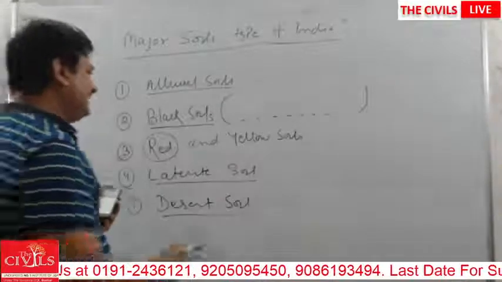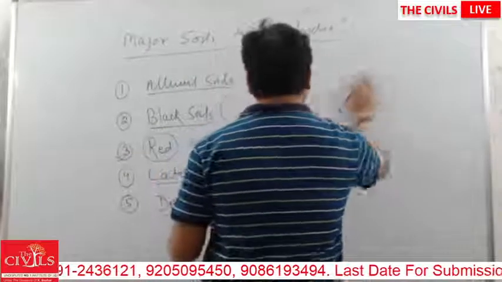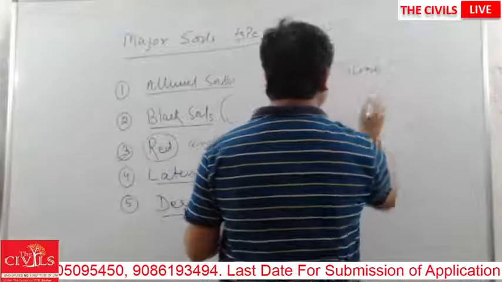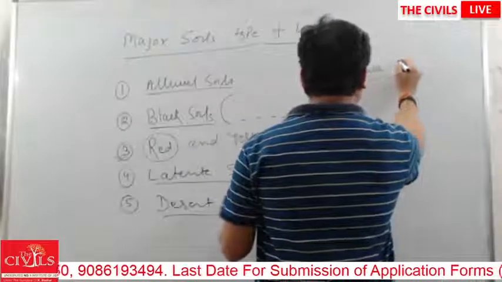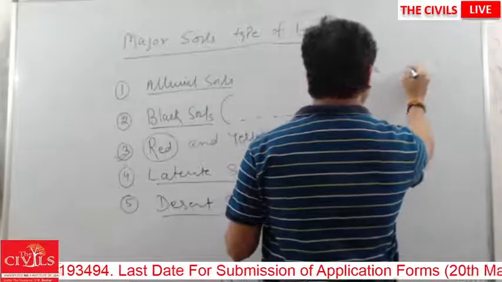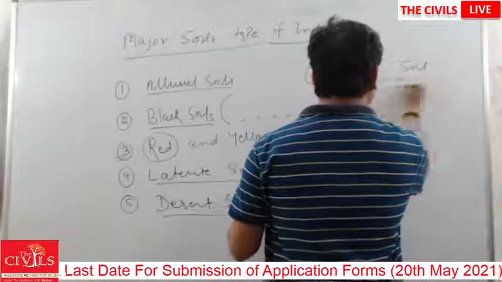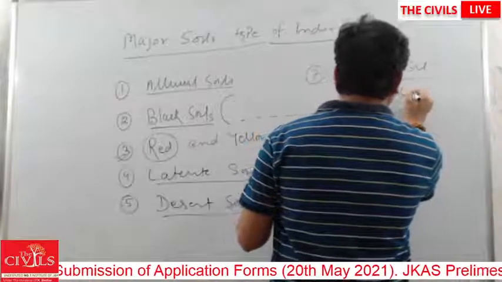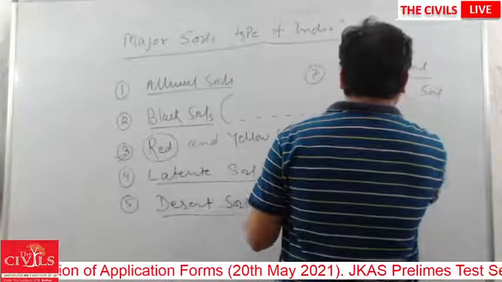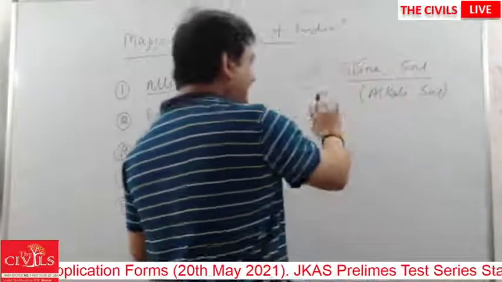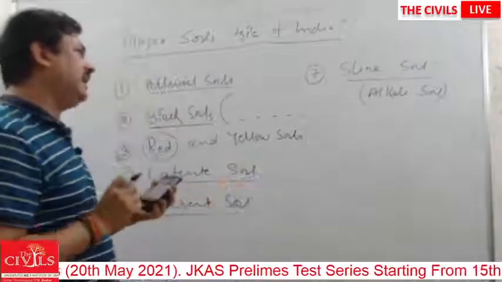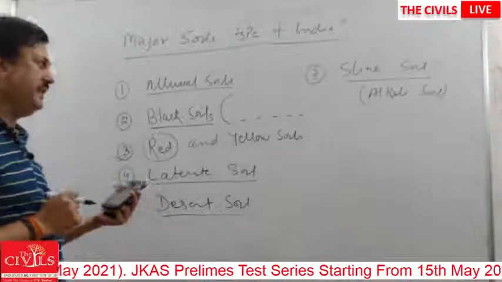Now, the sixth is saline soil, or alkaline soil. Now tell me, saline soil is a soil of which category?